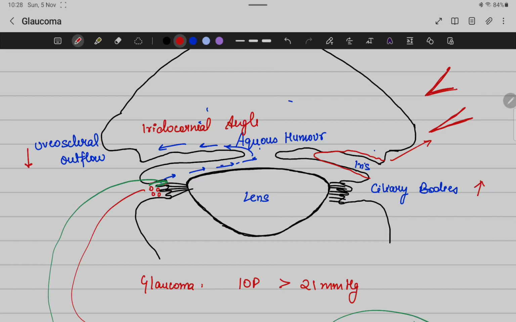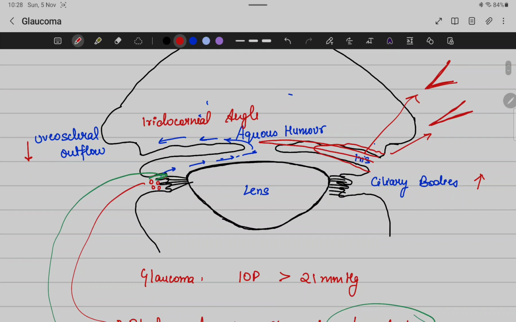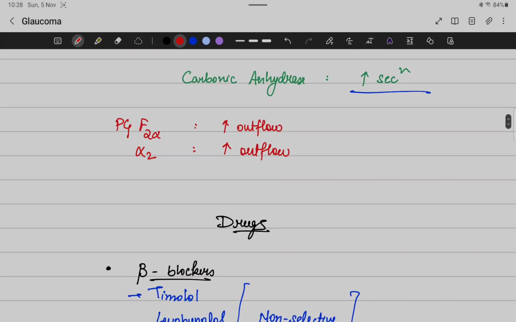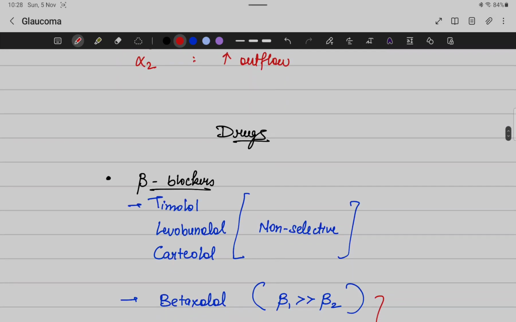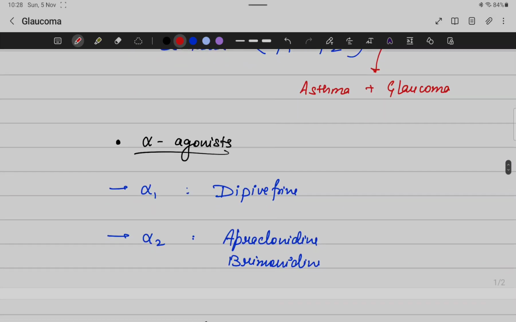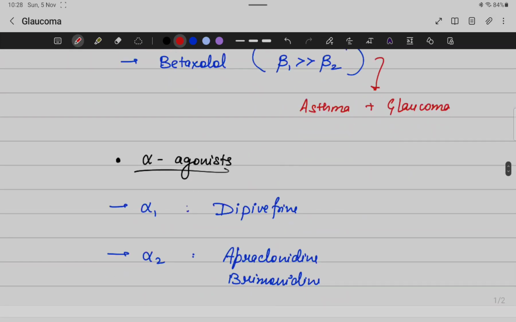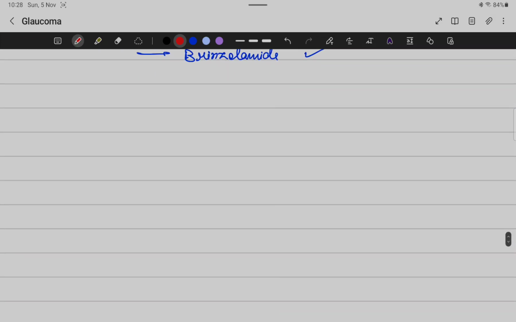And whenever the pupil size decreases, the iris here becomes thinner and the angle opens. So in cases of angle closure glaucoma, the drug of choice or the first line drugs are your miotics, so that this angle, your iridocorneal angle, can open up and the outflow can be increased.